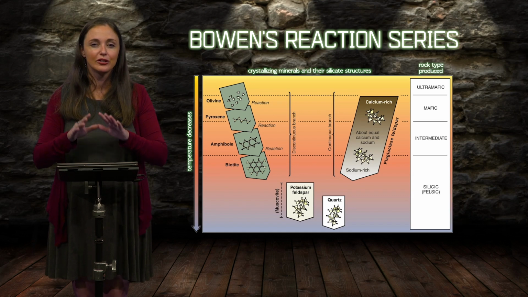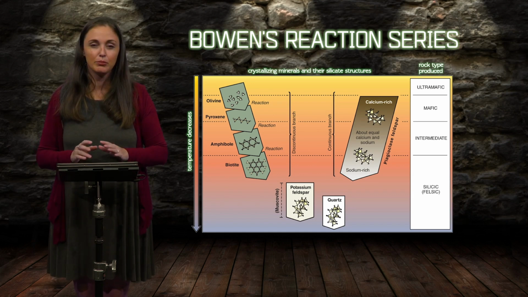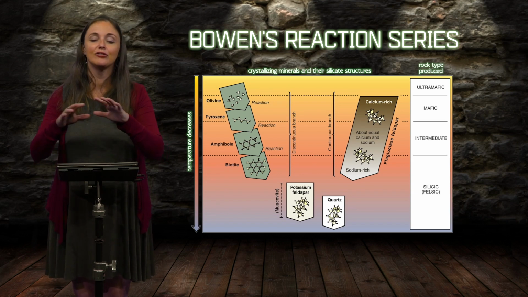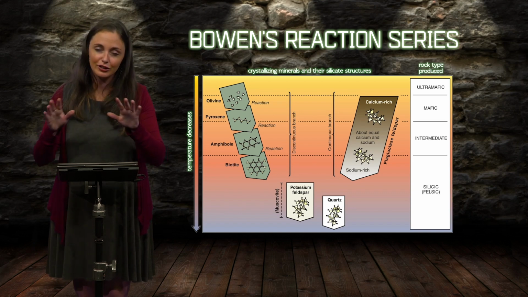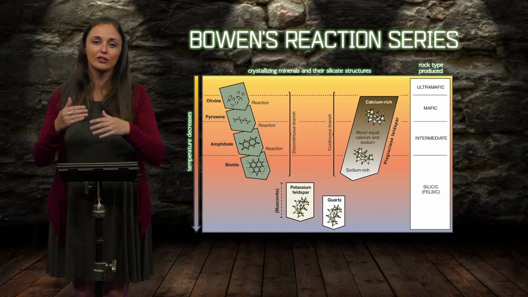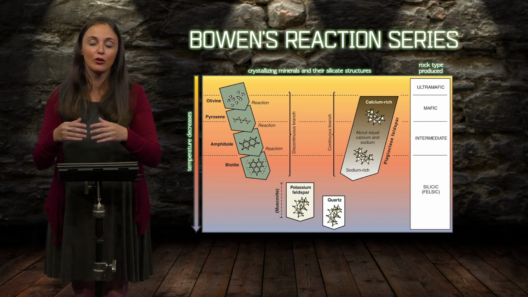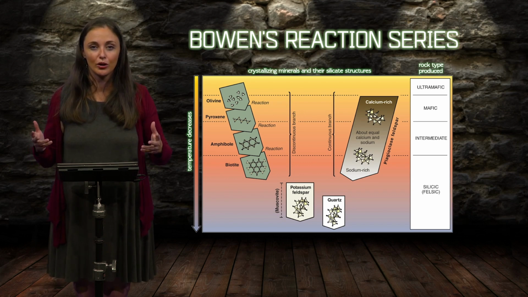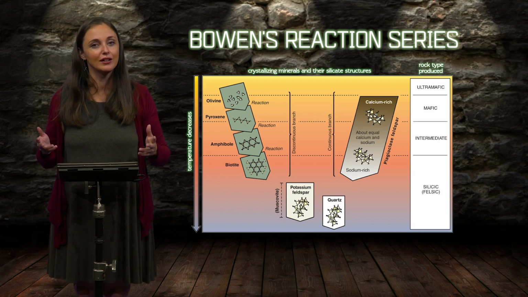Another way to close this out and to think about it that becomes really important is to compare Earth with Bowen's reaction series to Earth if it didn't really have Bowen's reaction series. If you didn't have Bowen's reaction series and all of these different minerals just crystallized out all at once at a high temperature, we would basically have water world. We would not have stable continents at all.